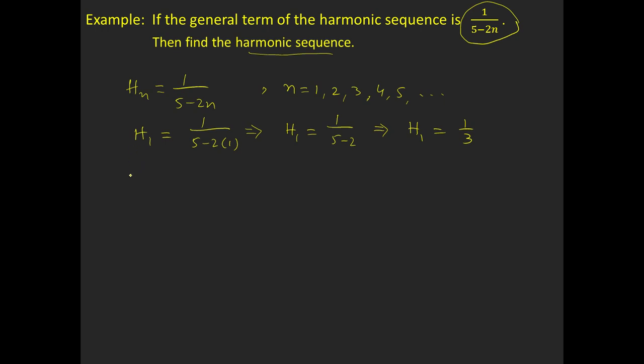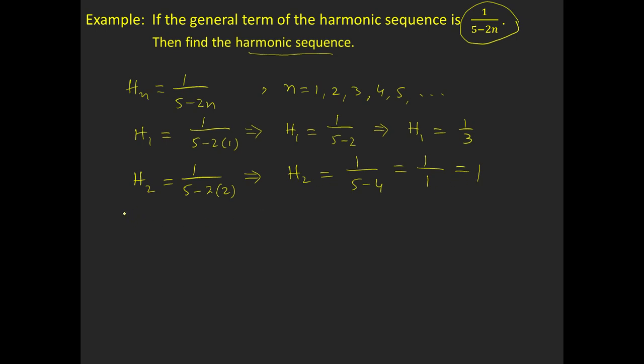And now put n is equal to 2. 1 over 5 minus 2 multiplied by 2. This implies h2 is equal to 1 over 5 minus 4, which is 1 over 1, equal to 1. So this is the second term of the harmonic sequence. This one is the first term h1 and this one is the second term h2.